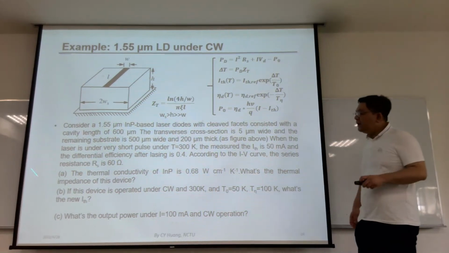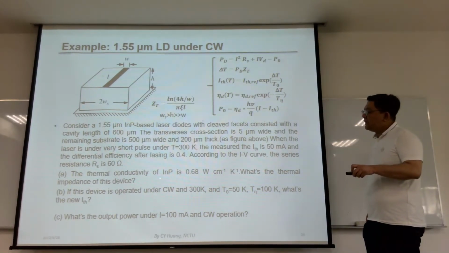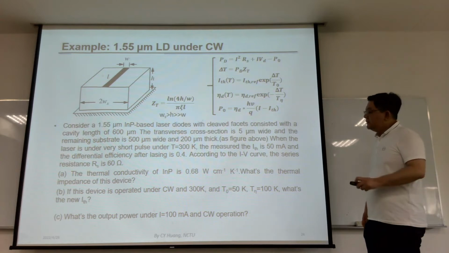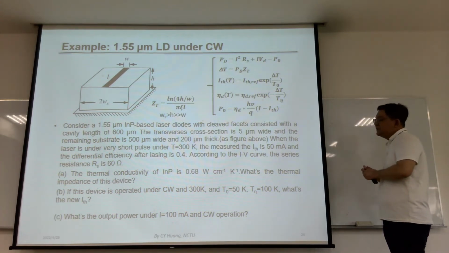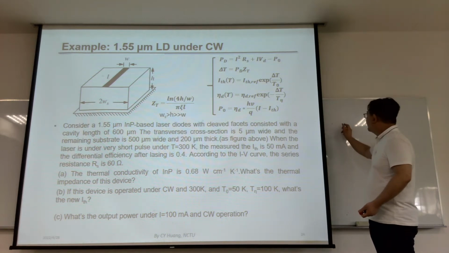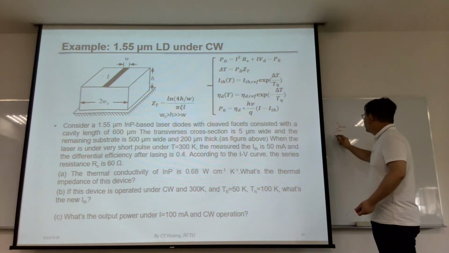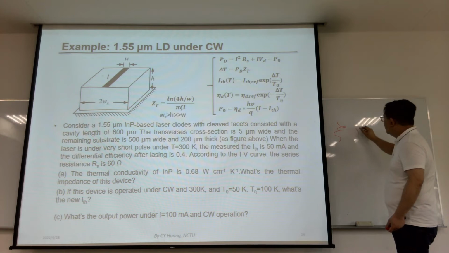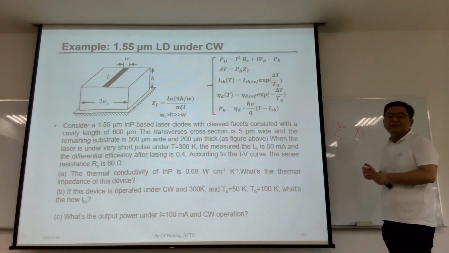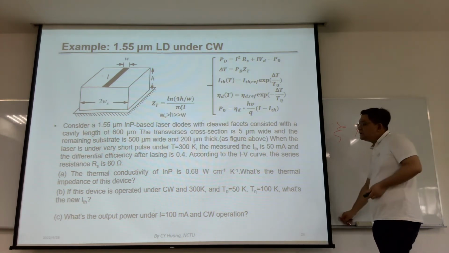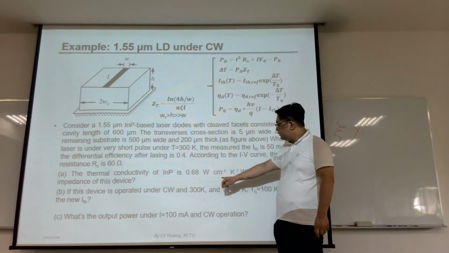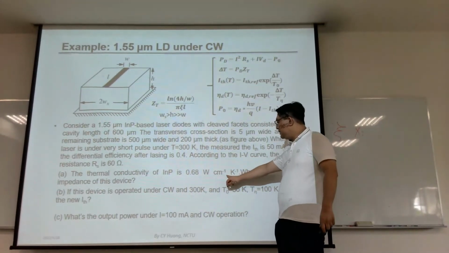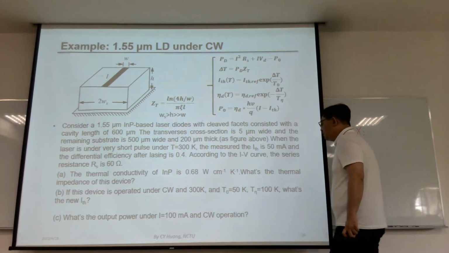Now we know the heat conductivity, kappa, which is very difficult to write and pronounce, is 0.08. Notice it is in unit watt per centimeter per Kelvin.